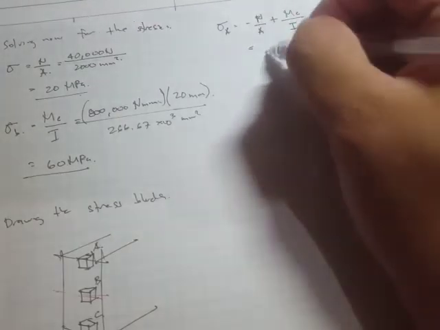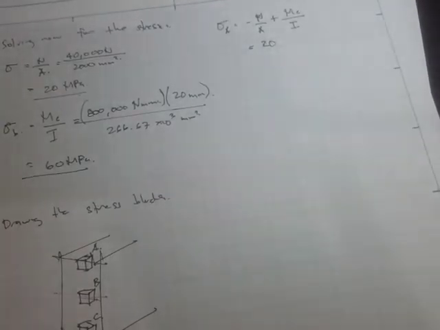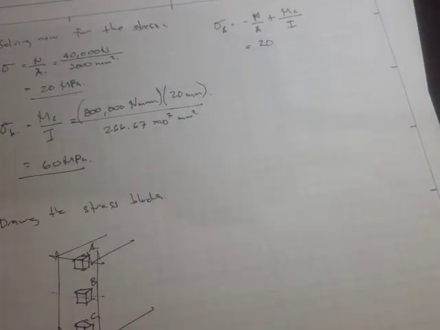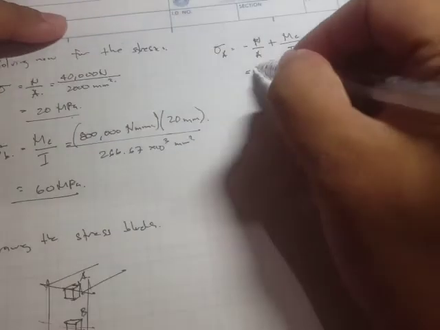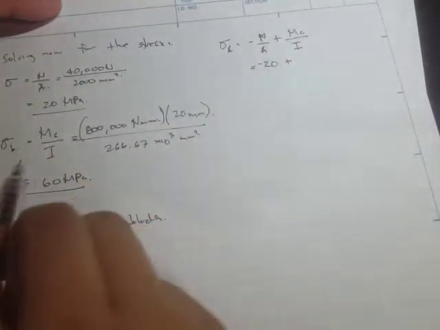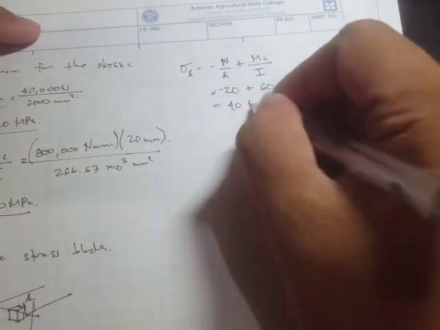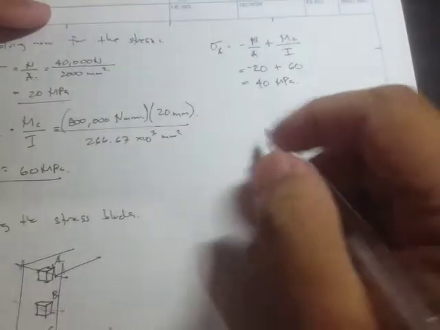This is 20 megapascals, but this is negative, plus the value of the bending stress, this is 60 megapascals. So we have 40 megapascals for the stress block at A.